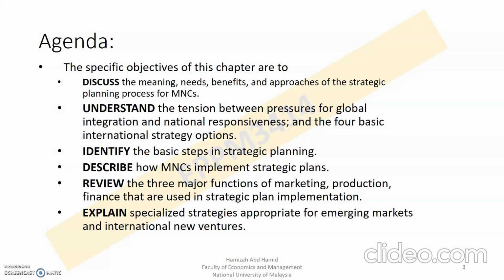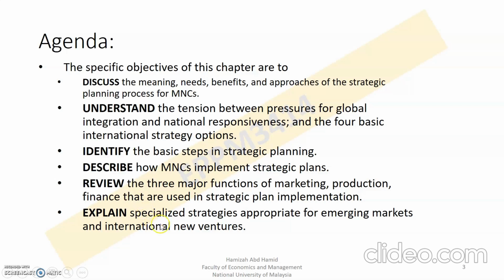Next, another objective is for you to be able to identify the basic steps in strategic planning. Next is to describe how multinational companies implement strategic plans. These strategic plans are implemented through three major functions of marketing, production and finance.